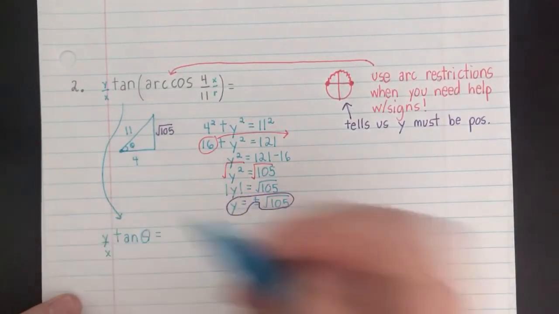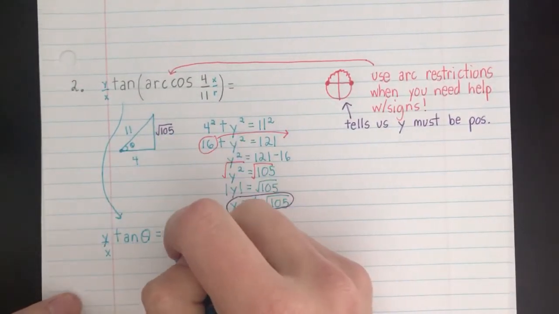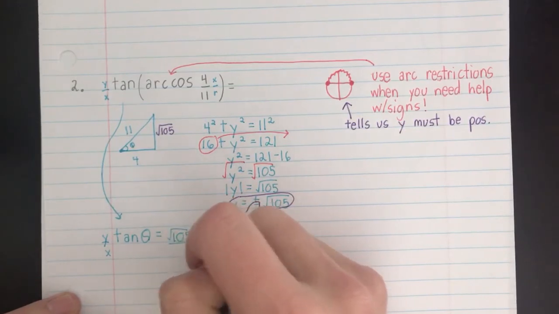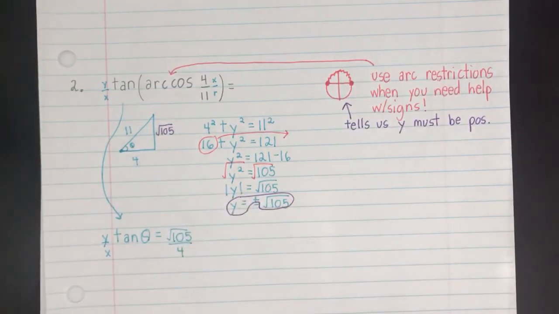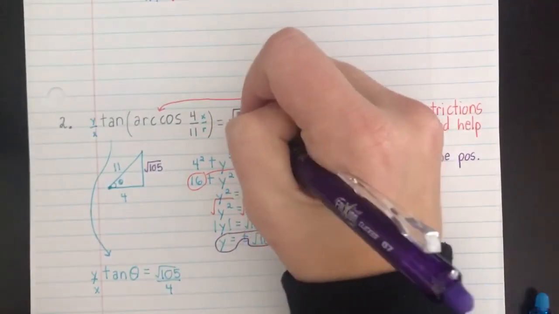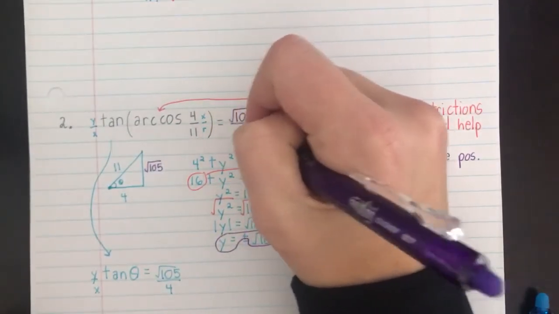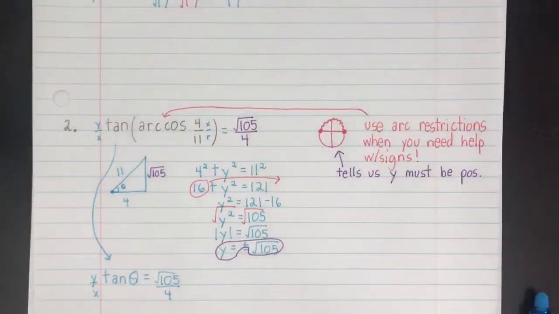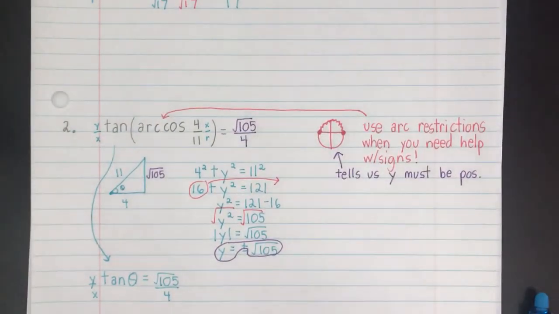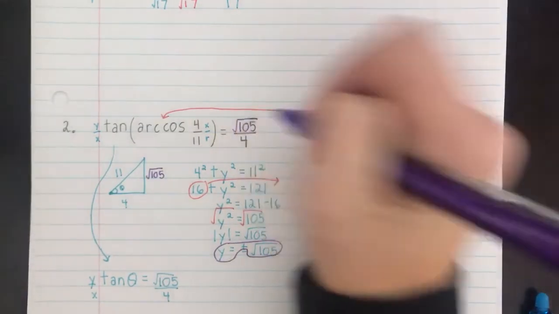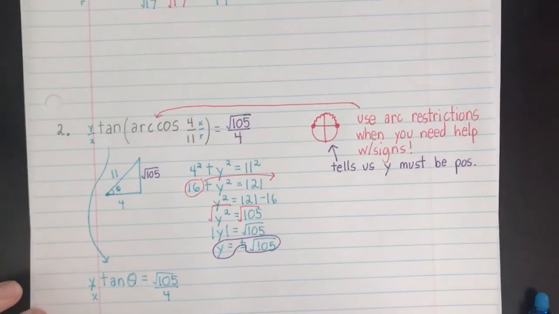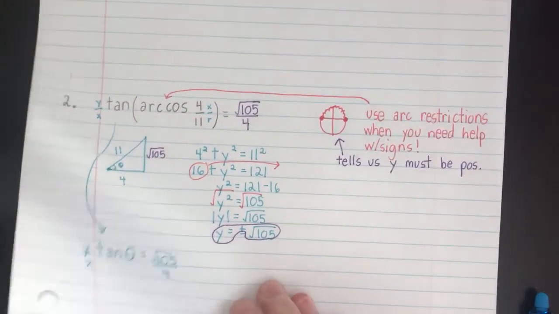So y is square root of 105, x is 4. So our final answer is square root of 105 over 4 for our final answer. Make sure that 5's all the way in the radical. Okay, let's do one more.